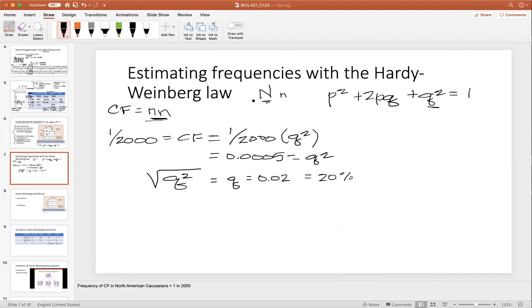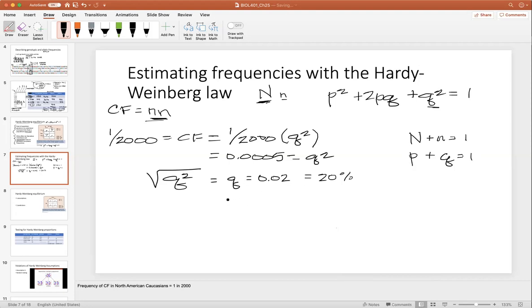Well, if we know that the population only has 2 alleles, then we know that the frequency of big N plus the frequency of little n must be equal to 1. Or, to put it in terms of Hardy-Weinberg, P plus Q must equal 1. Well, now I know Q. So do I know P?